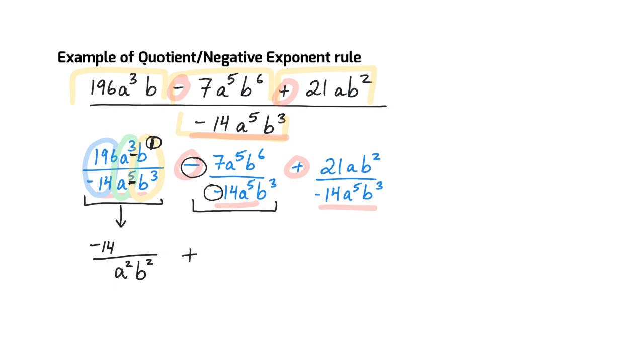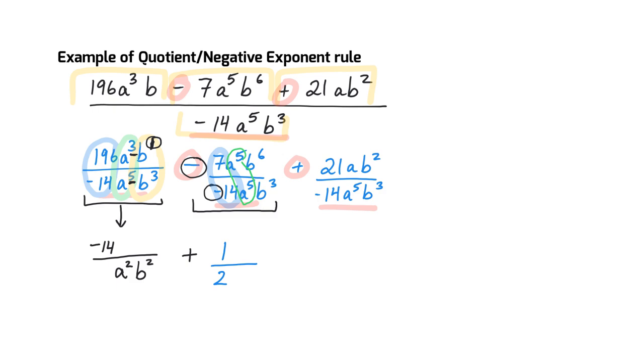I then focus on one piece at a time, looking at my numbers, 7/14. That's going to give me a 1/2. Then I look at my A's, 5 A's on top, 5 A's on the bottom.